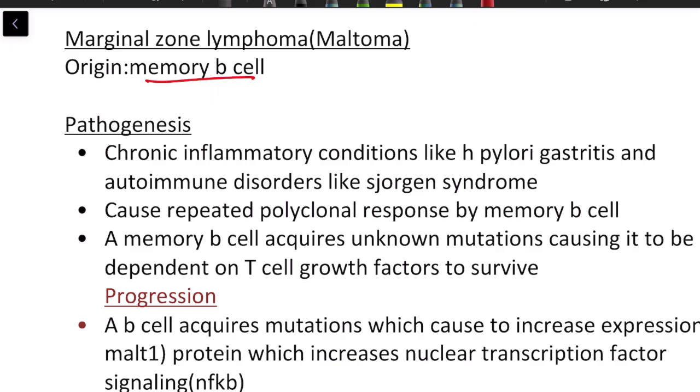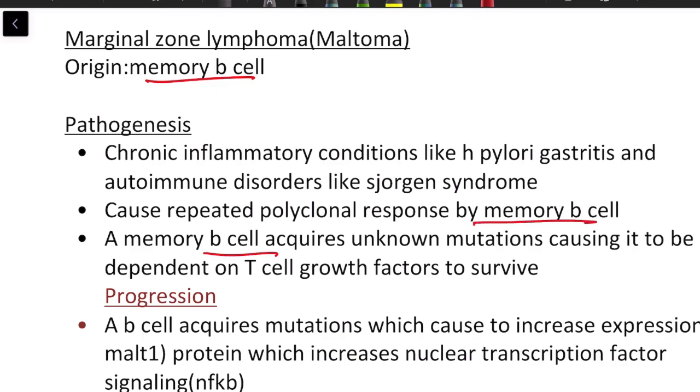So when an H. pylori antigen is present, or whenever an autoimmune response occurs, it occurs in response to an antigen. For every epitope of the antigen, specific memory B cells are stimulated, and this causes a repeated polyclonal response by memory B cells.